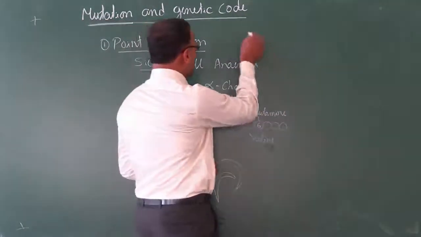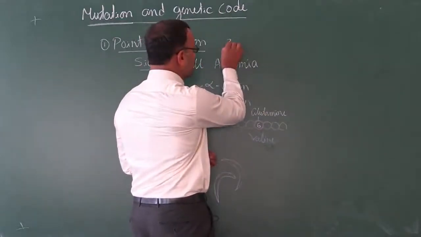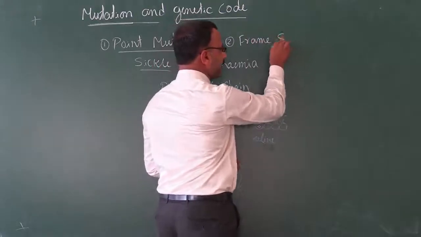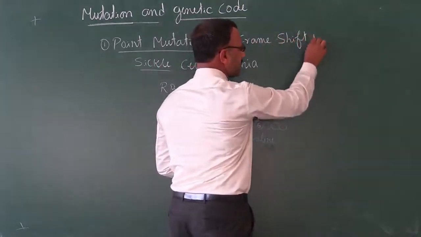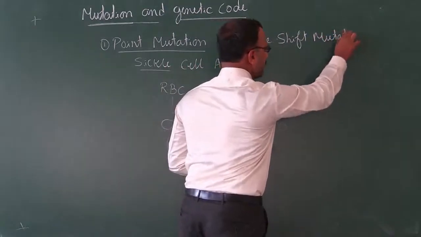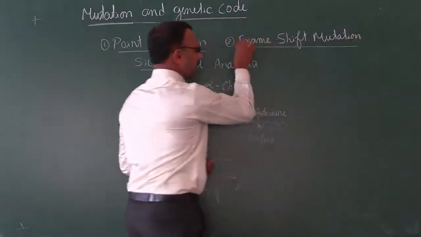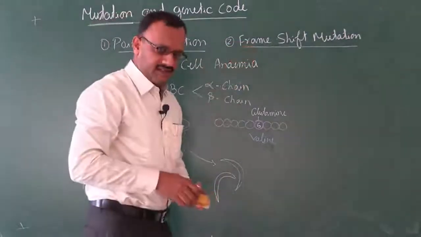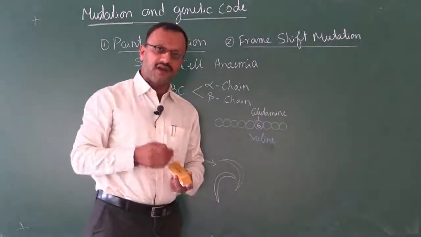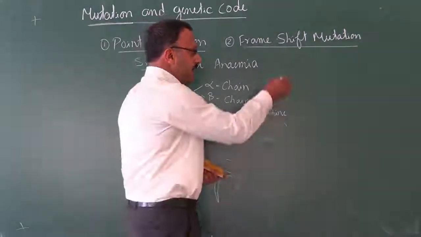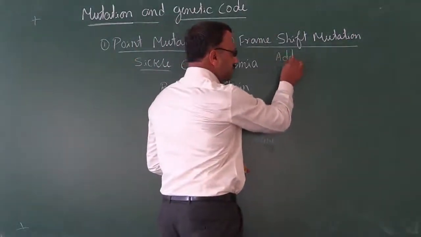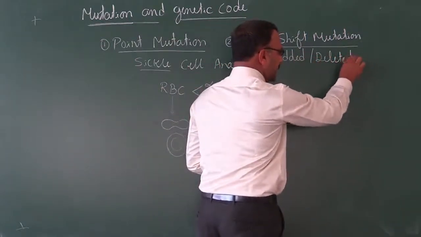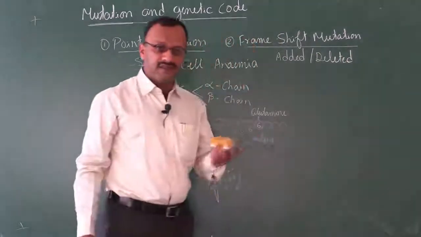Similarly, there is the second one called frameshift mutation. In this, either a single nitrogen base or a pair of nitrogen bases will be added or deleted to the nucleotide sequence.